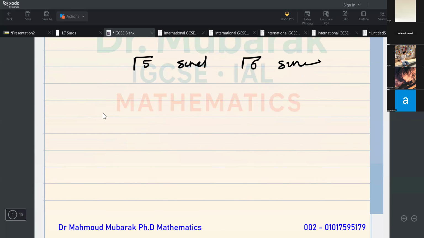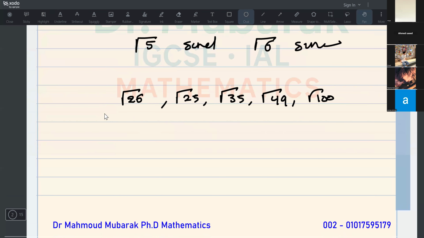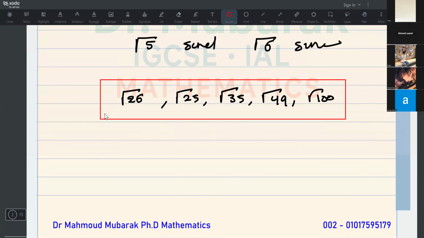Now my question: root 26, root 25, root 35, root 49, and root 100. Circle the surds here.